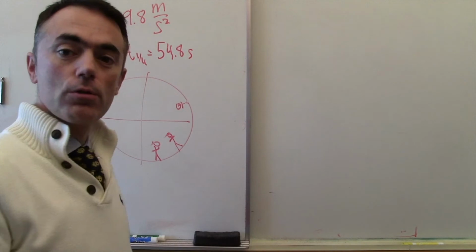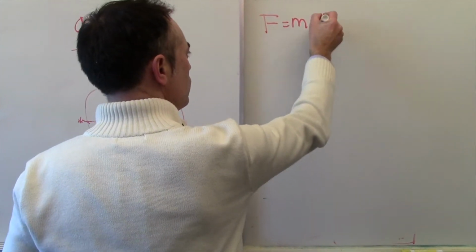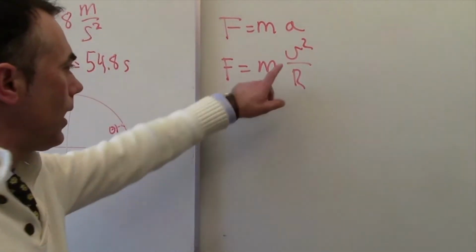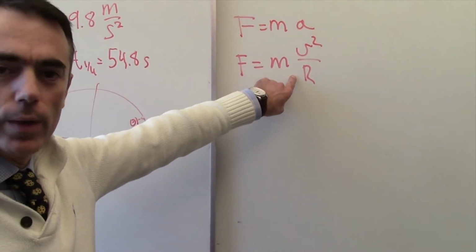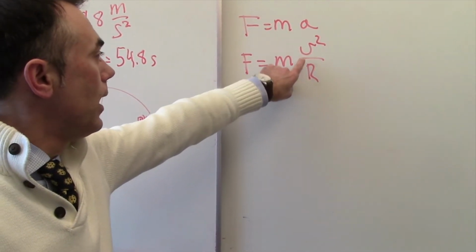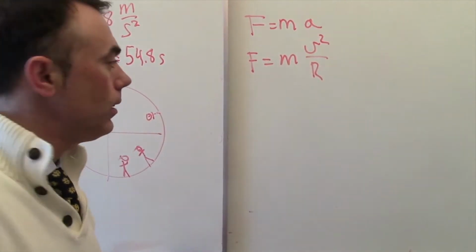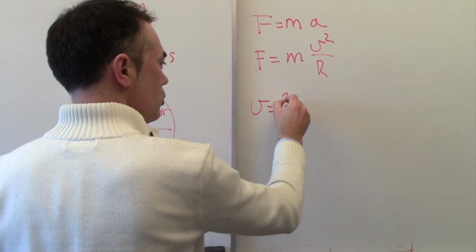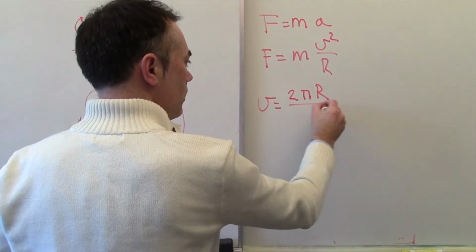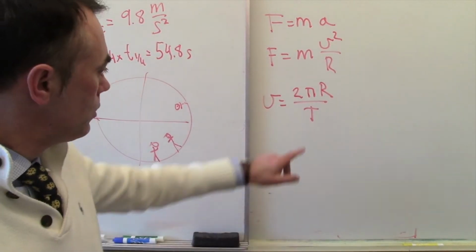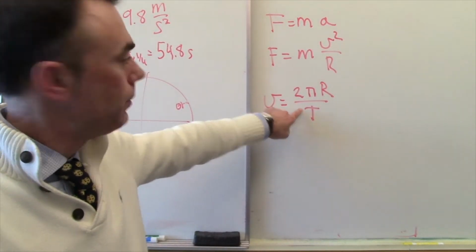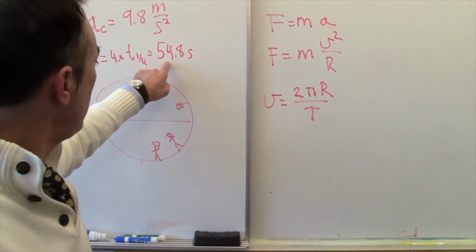We know that from Newton's second law, and that is just the particular case that we are interested in now. And what is the velocity? Well, the velocity is just 2 pi r divided by the period. We have estimated the period about 55 seconds.